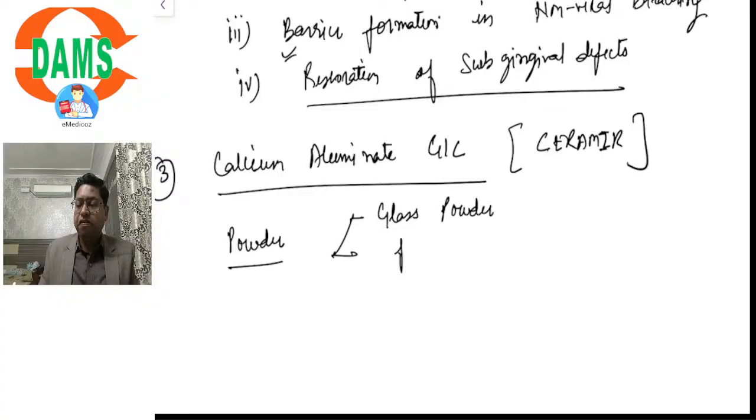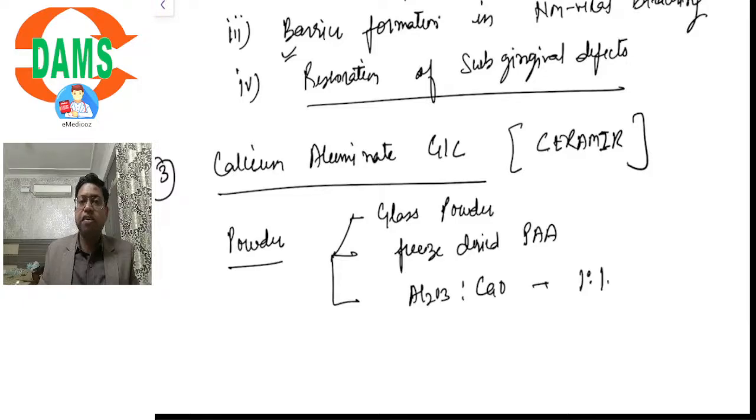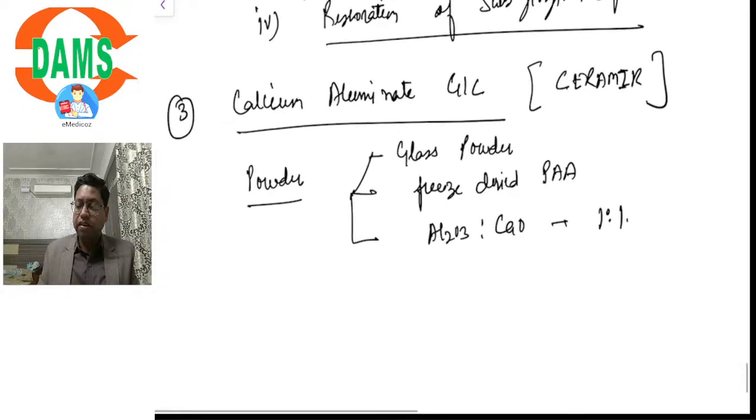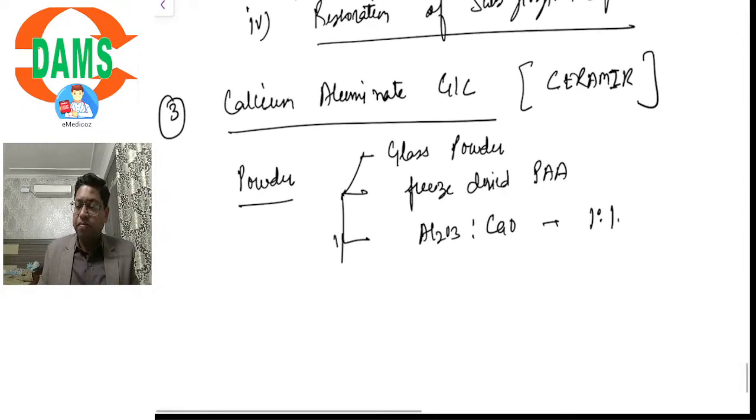It consists of freeze-dried polyacrylic acid, and it consists of aluminium oxide and calcium oxide in the ratio of 1:1, with some strontium fluoride.